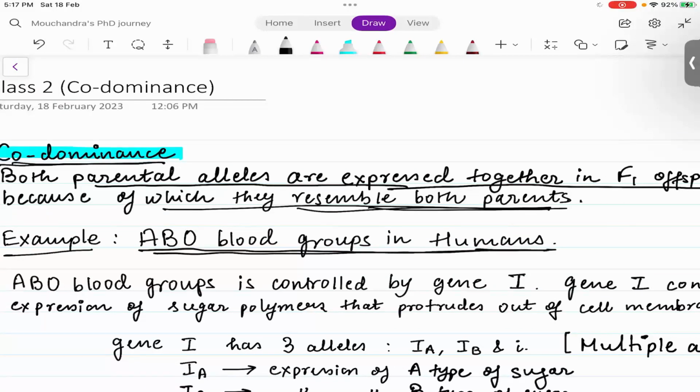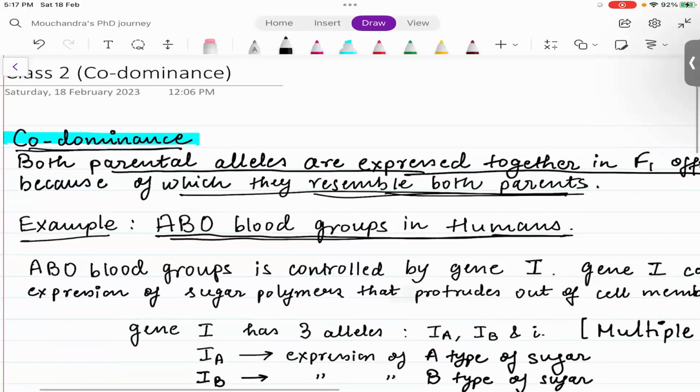You are all aware that we have particular types of blood groups, right? Like I am B positive. Similarly, someone will be A or someone will be O. So how does that actually happen? It has a genetic explanation: how an individual gets a particular type of blood group.